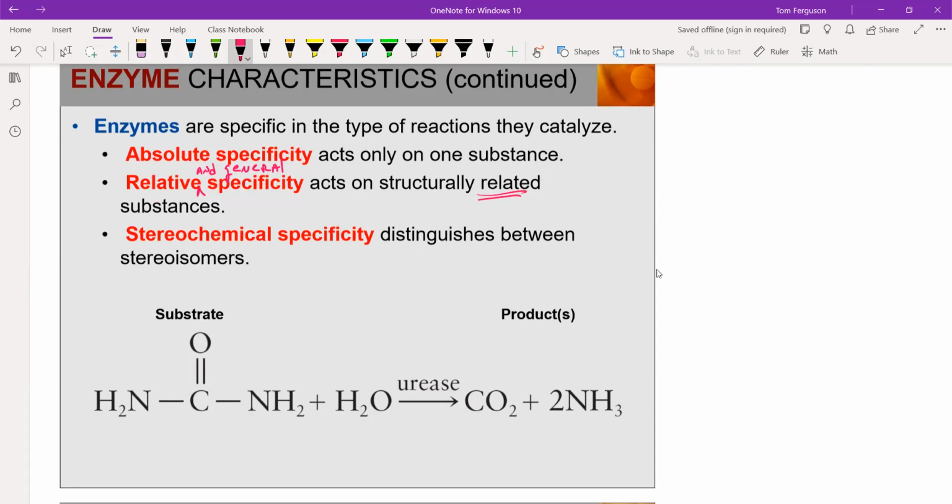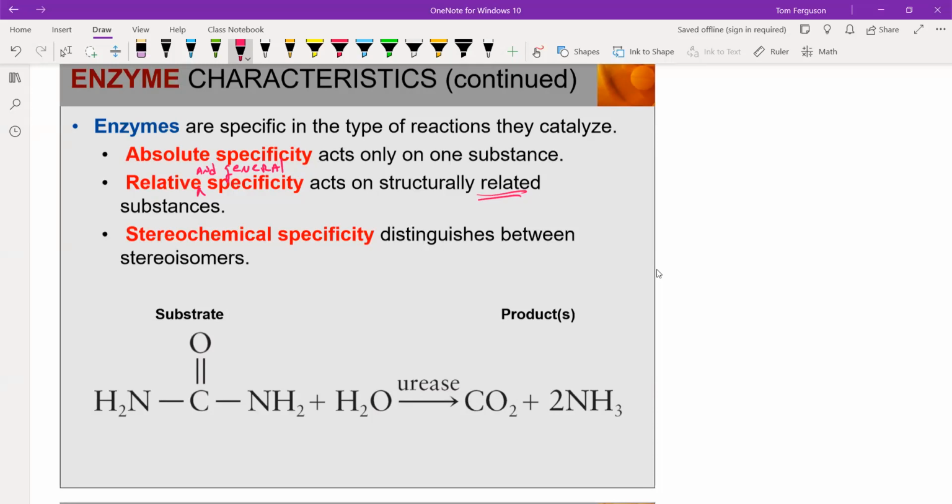Okay, so there's some enzymes that are very, very non-specific. For example, amylase. Amylase hydrolyzes carbohydrates. Proteases hydrolyze proteins. Lipase works on fats. It works on just a generic group.